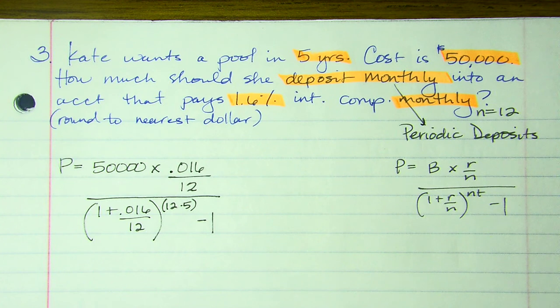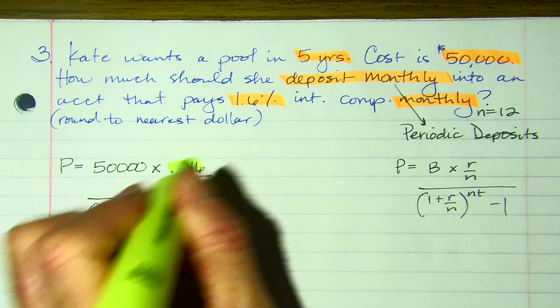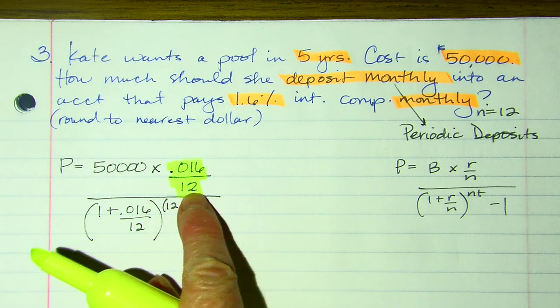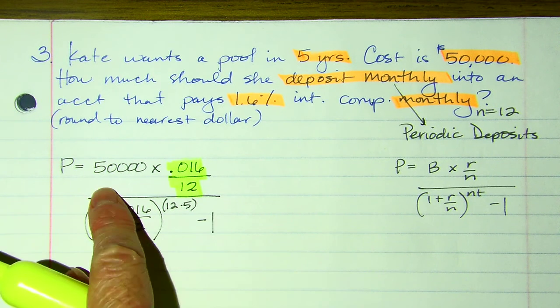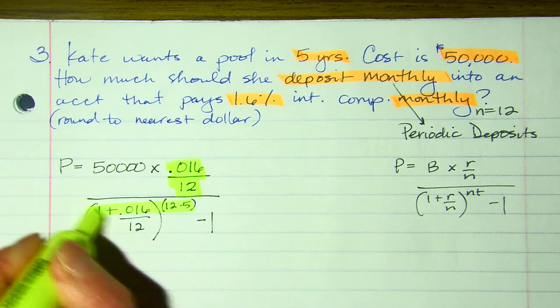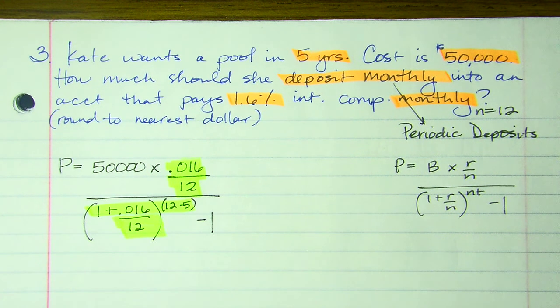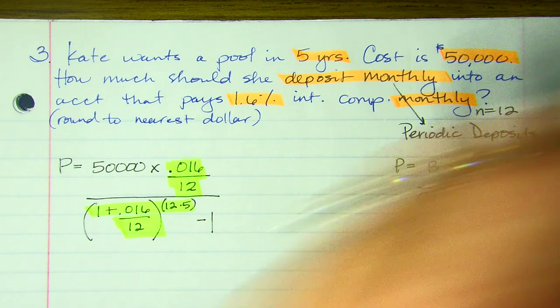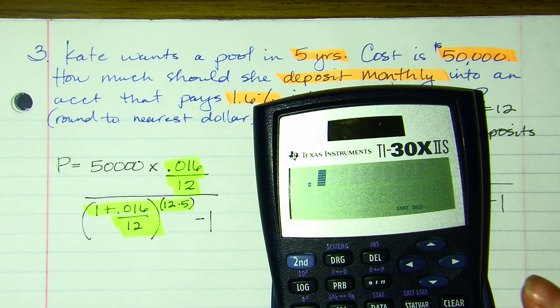So the first thing I'm going to enter is this, because I need to do this before I multiply it by 50,000. The second thing that is most important is I'm then going to enter this part. Okay, so let's do those one at a time. So 0.016 divided by 12.